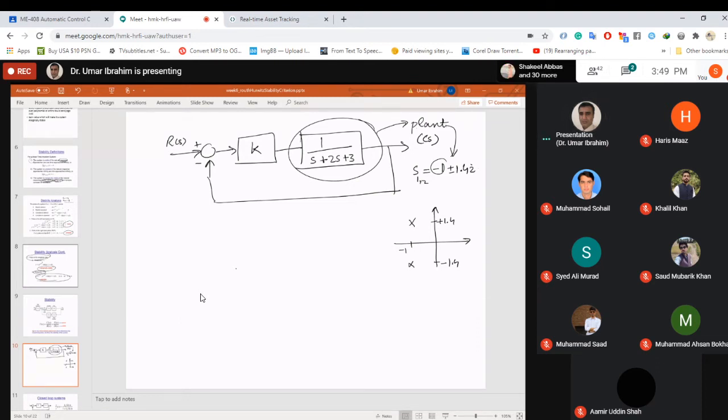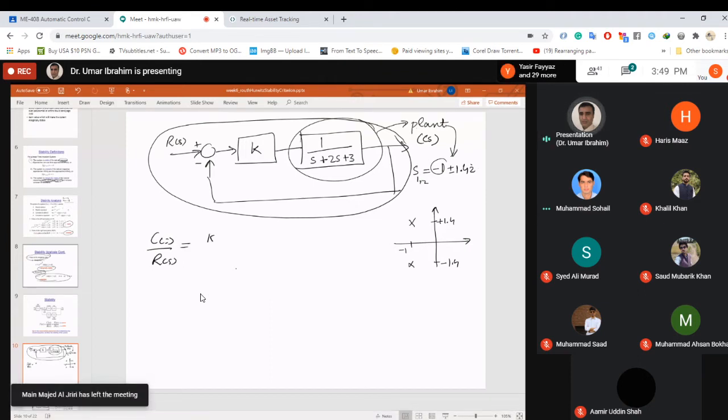Now, can you convert this whole system, not the plant, into a single transfer function? Anyone? Yes, sir, we can try. What will be that transfer function? It will be K over S squared plus 2S plus 3, because these two are in series.